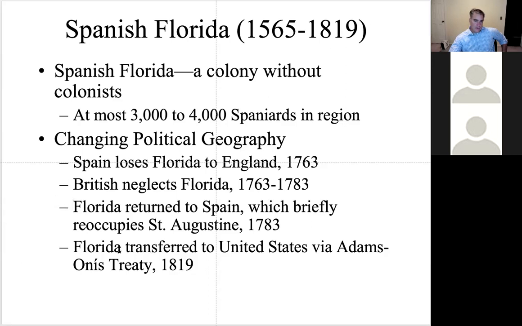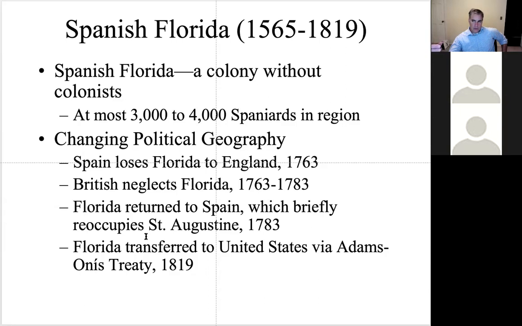And then, of course, it only took Andrew Jackson a little while to march down into Florida following the end of the War of 1812, largely to conquer areas that had become areas of refuge for runaway slaves.